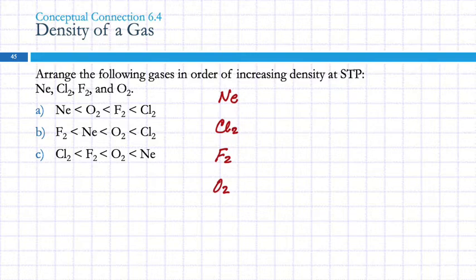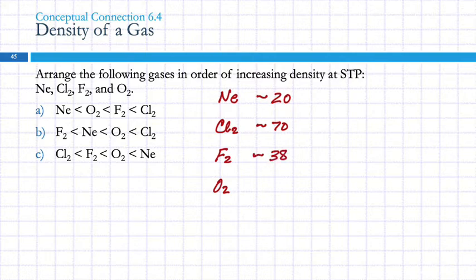And if they were all monatomic, we could just look at the periodic table and do it, but since there's a 2 in most of them, let's see, and we can be approximate here, neon's about 20, and chlorine is 35 times 2, so about 70. Fluorine is 19 times 2, so that's 38.